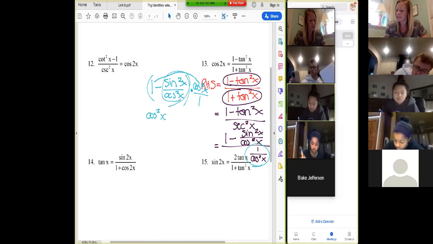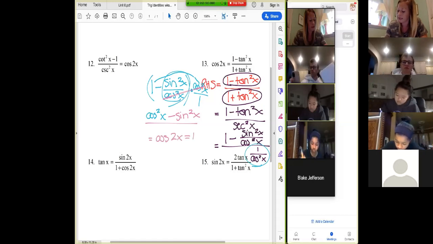Cosine squared times this fraction, what's going to happen? The cosines are going to cancel out. Now, does this look somewhat familiar? It kind of looks like one of the Pythagoreans, except for the minus sign, right? But if I go through my list of identities, now including the double angles, what is that the same as? Cosine 2x, which is our left-hand side. So we've made it there.